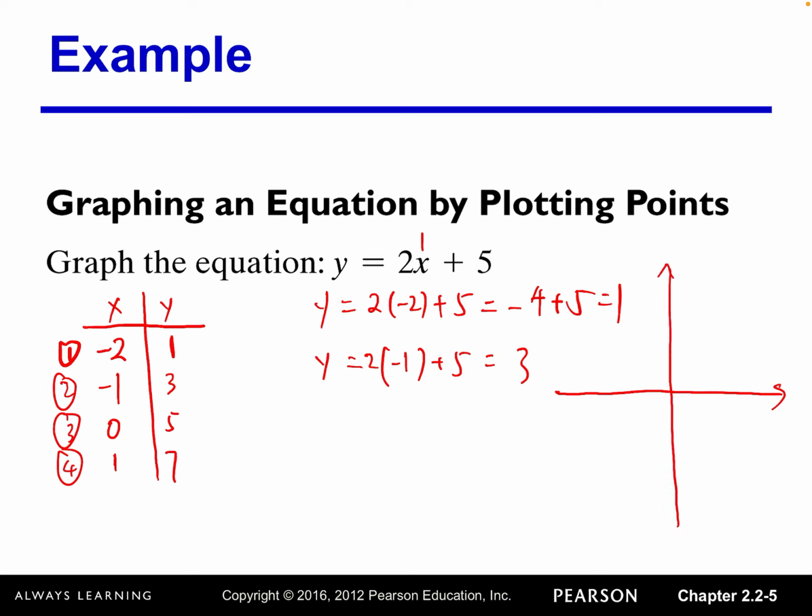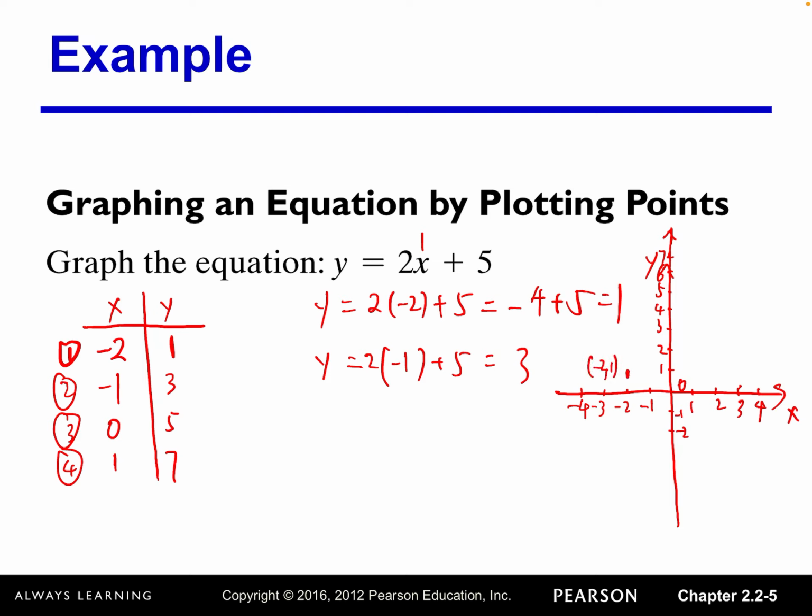Then we can do the graph. Set up a rectangular coordinate system: x-axis, y-axis, the origin 0, 0. And then put a scale on the number line. All right, let's plot -2, 1: left 2, up 1.